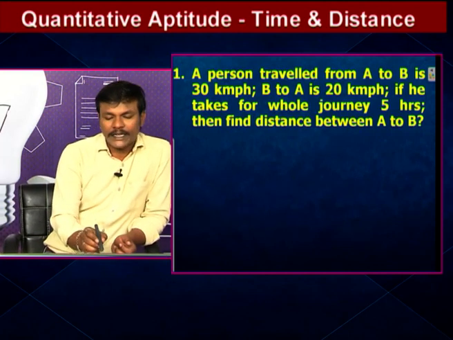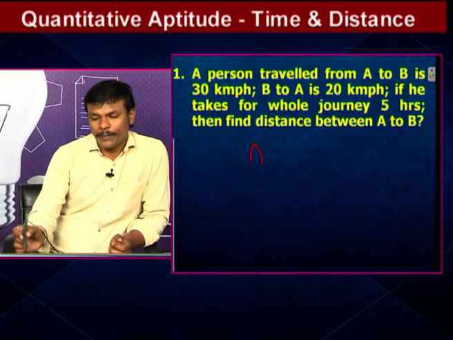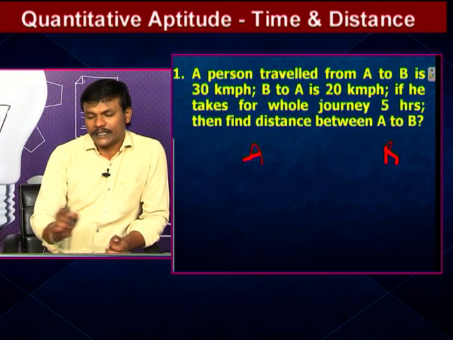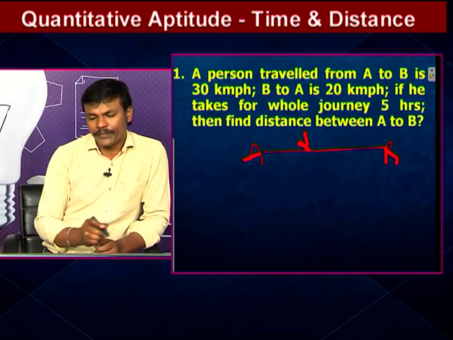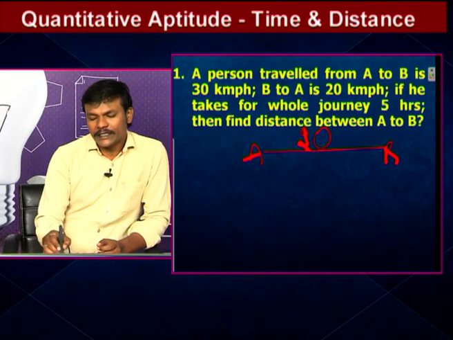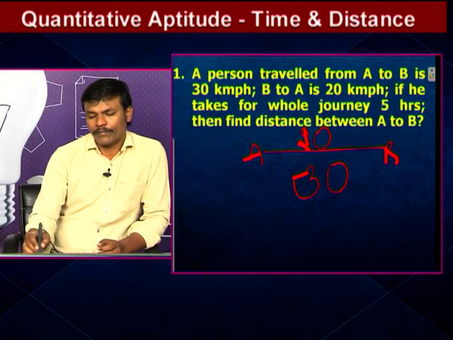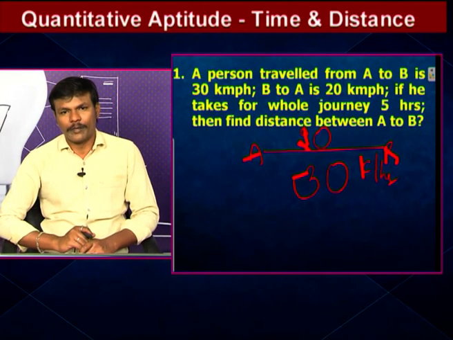So simply, take A to B, this is the distance. When he is going from A to B, his speed is 20 km per hour. In B to A, it is 30 km per hour. Two speeds, 20 km per hour and 30 km per hour.